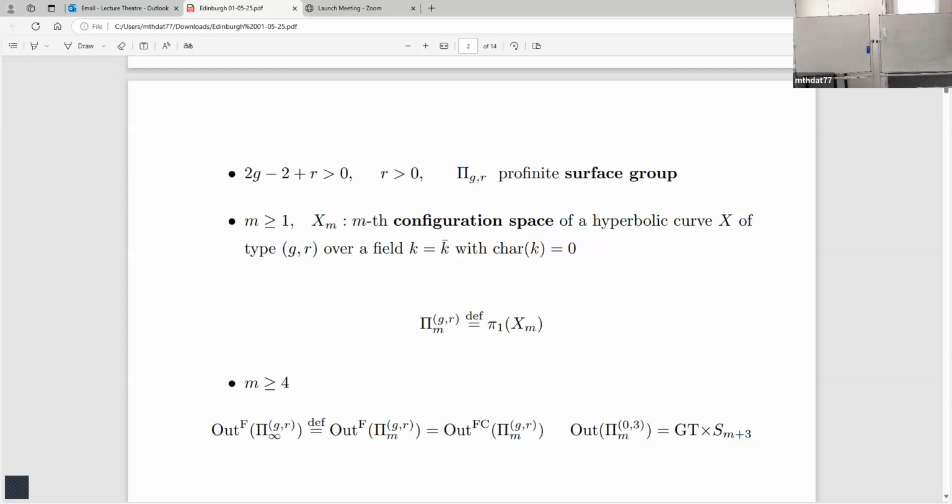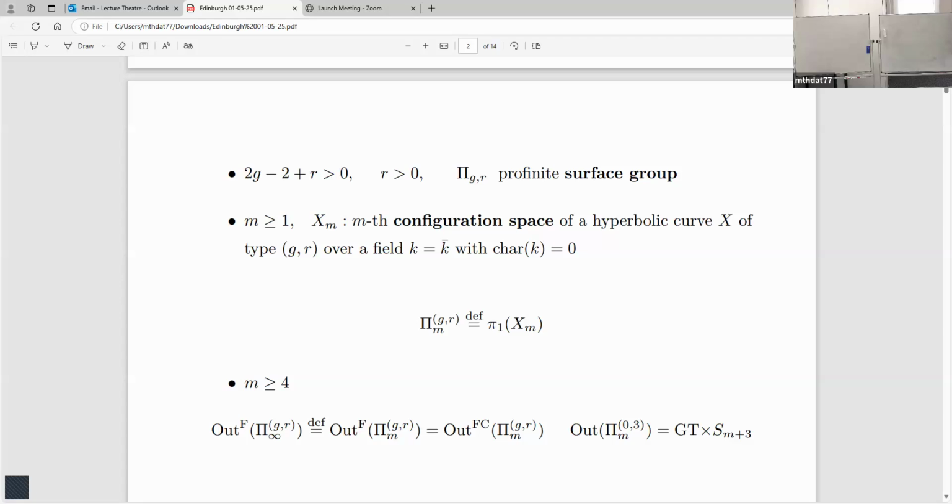We have heard of combinatorial anabelian geometry in several talks in this workshop. Combinatorial anabelian geometry revolves around the study of automorphisms or outer automorphisms of these fundamental groups of configuration spaces. This is one of the main topics of study in combinatorial anabelian geometry.